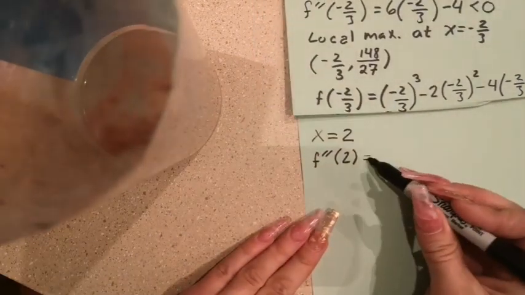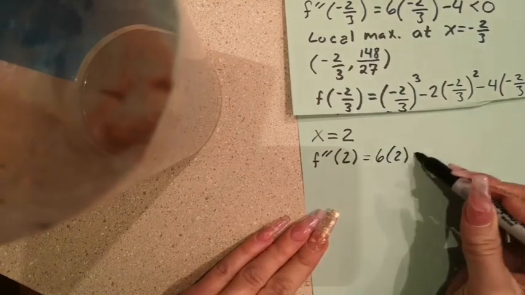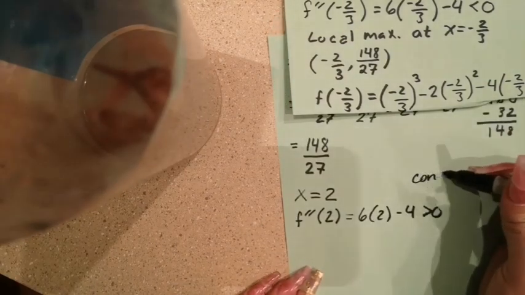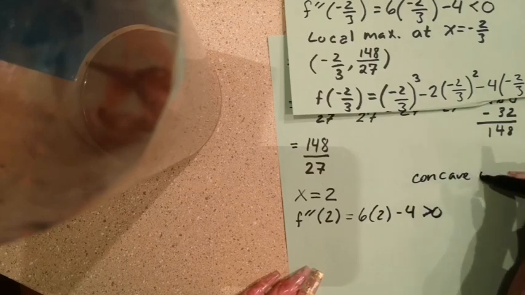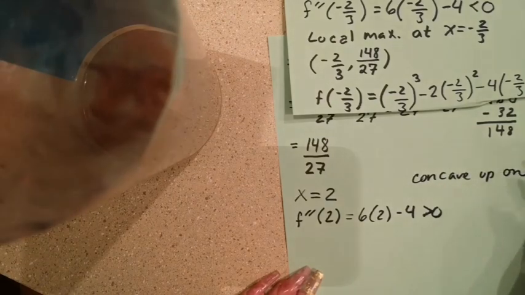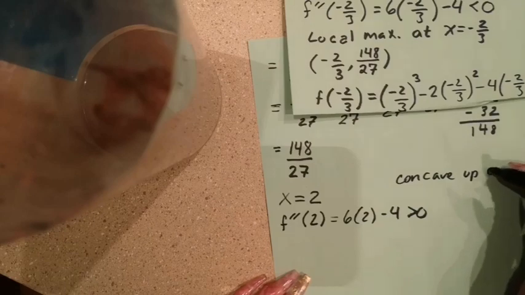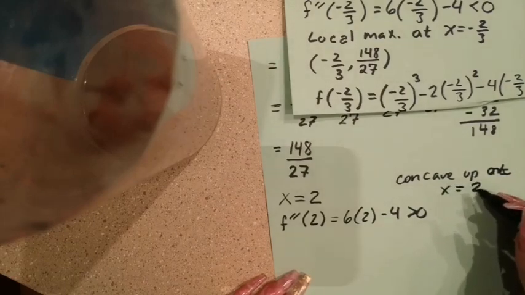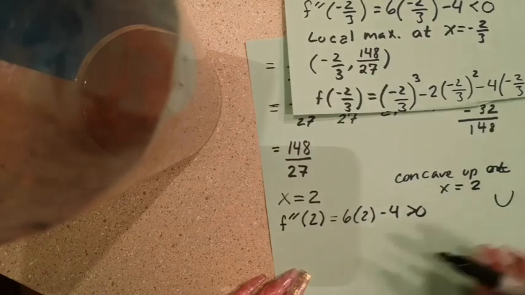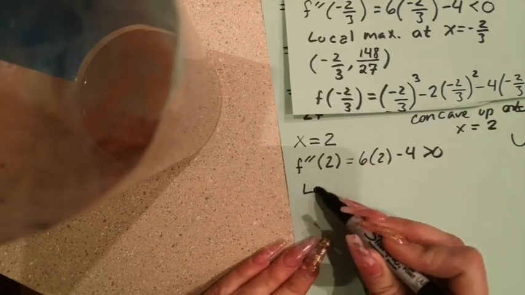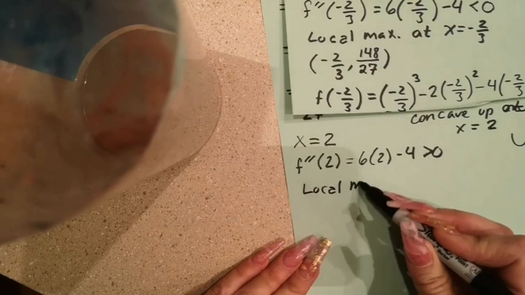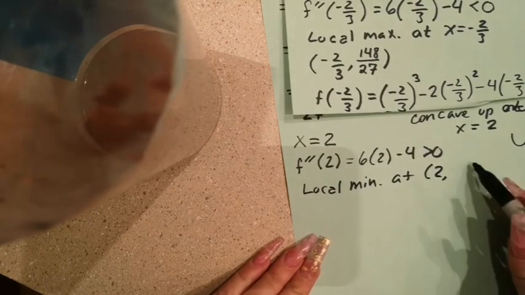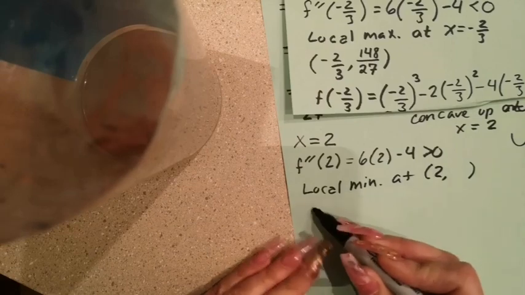If I plug 2 in there, I get a positive number. So then the graph is concave up at x equals 2. In other words, I'd have a local or relative min at 2, comma, now let me find f of 2.